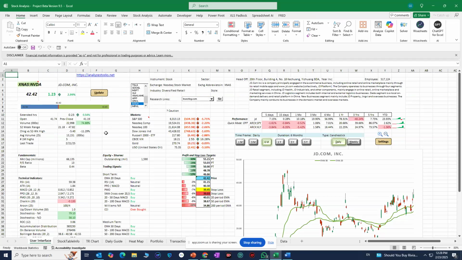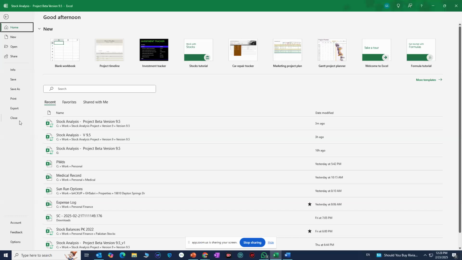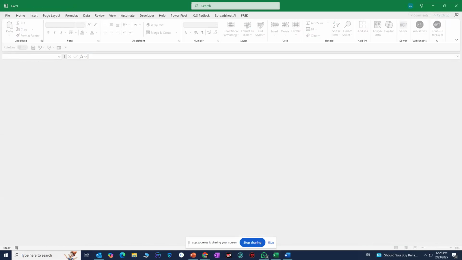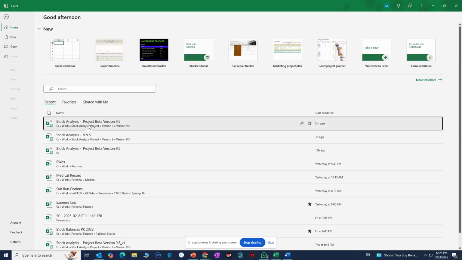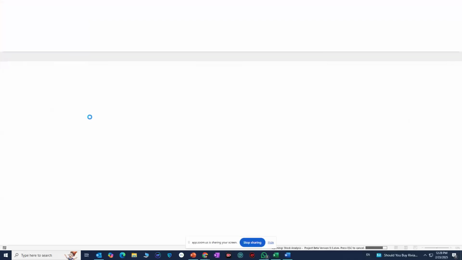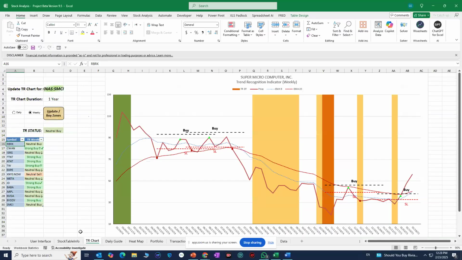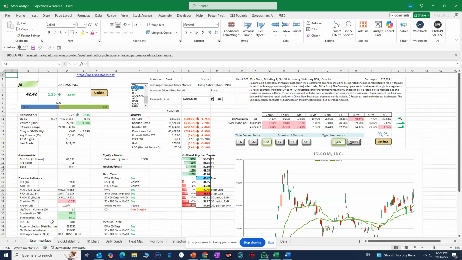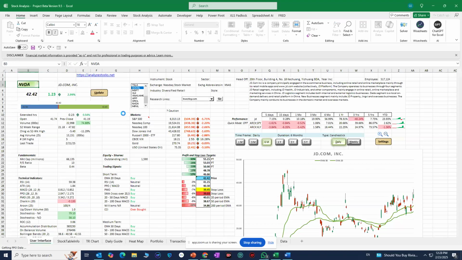This is again JD. My apology for this. I was not expecting that it would do this. Over here, let's try NVIDIA. Every time I have to shut down and reset the data feed.